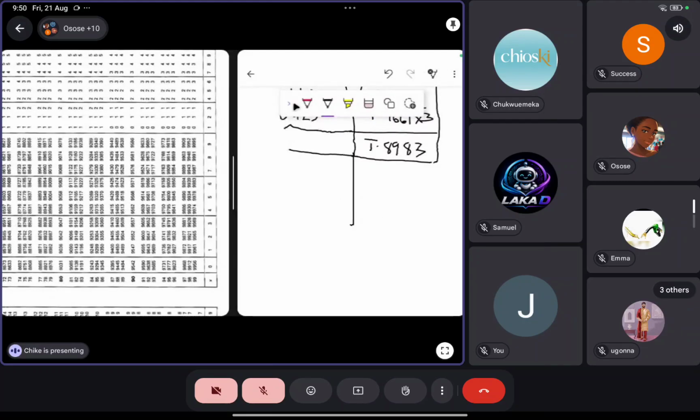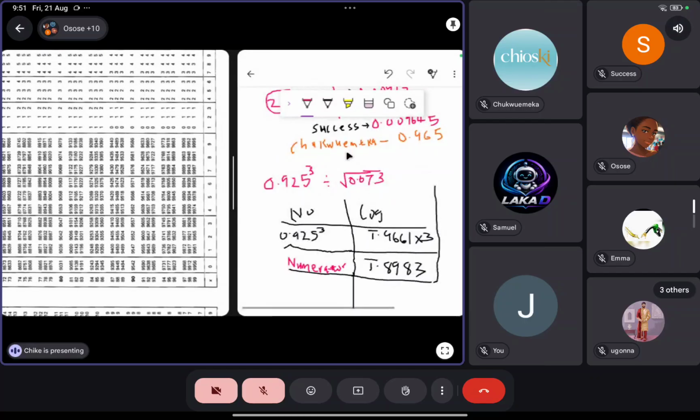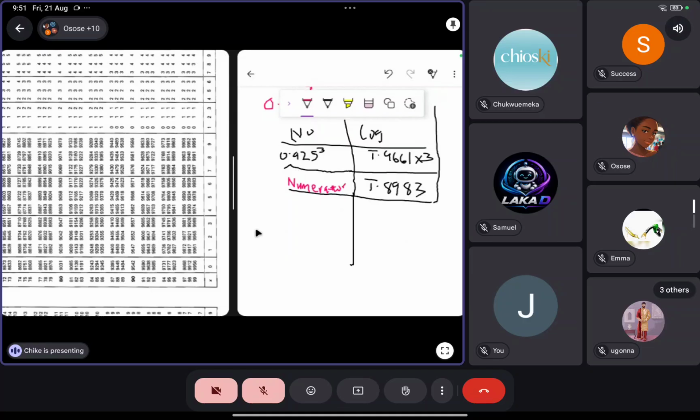So I've done the numerator. I just like to name it. So I'll call it my numerator. So I know that, okay, this is numerator. Then divided by, so my numerator is divided by the denominator.